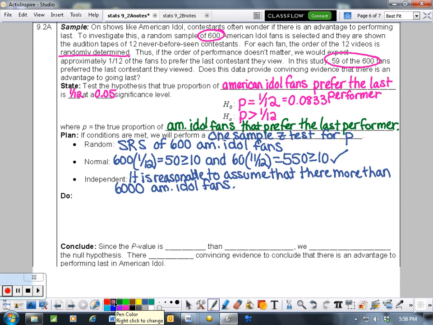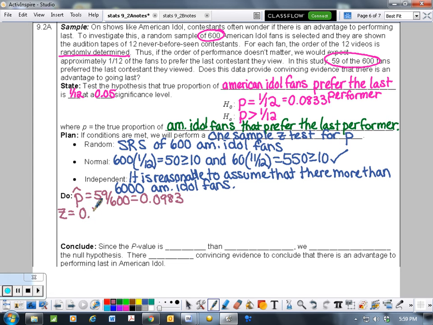Okay, so the first thing we need to calculate is what is p hat. So p hat is 59 out of 600, which gives us a value of 0.0983. So now we're going to calculate our statistic, z.